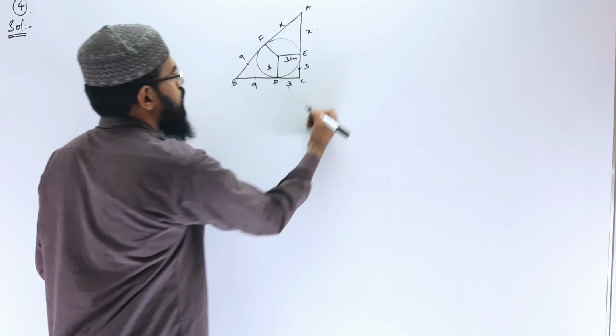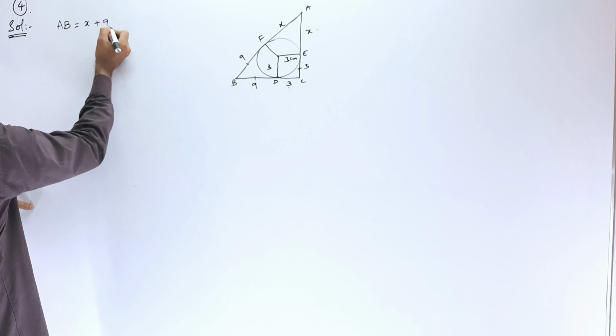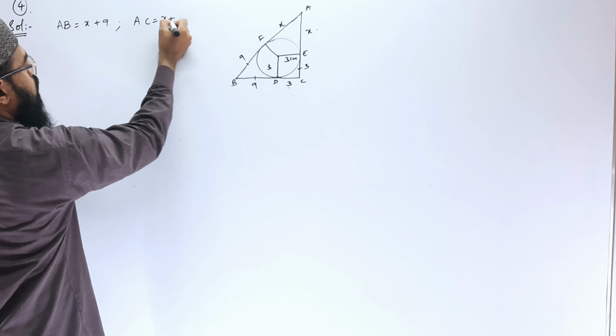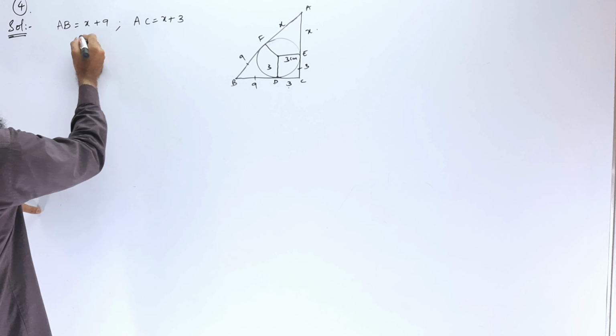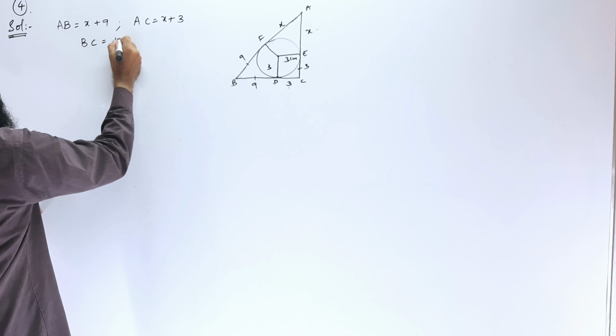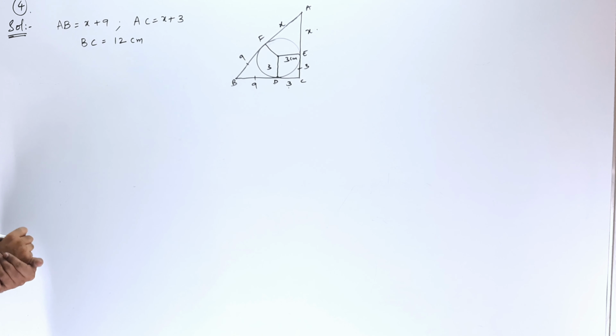Then we will get the sides like AB is equals to x plus 9. AC is equals to x plus 3 and BC is equals to 9 plus 3, that is 12 centimeter. So like this we have got the sides.